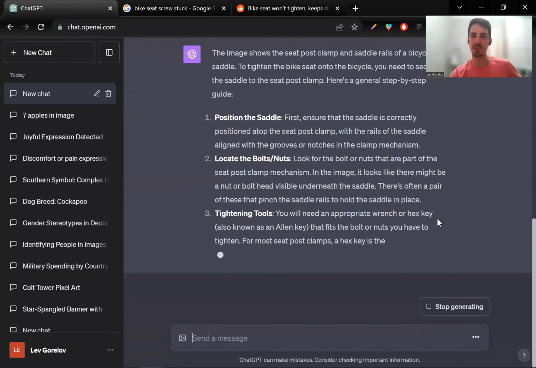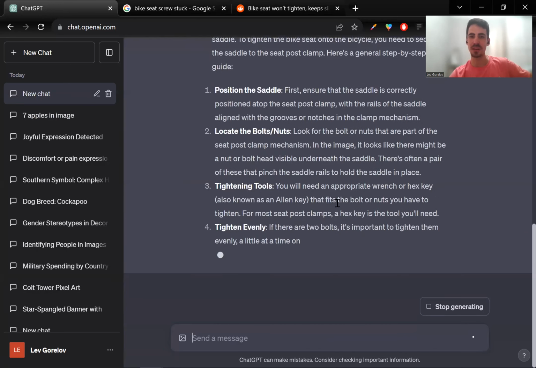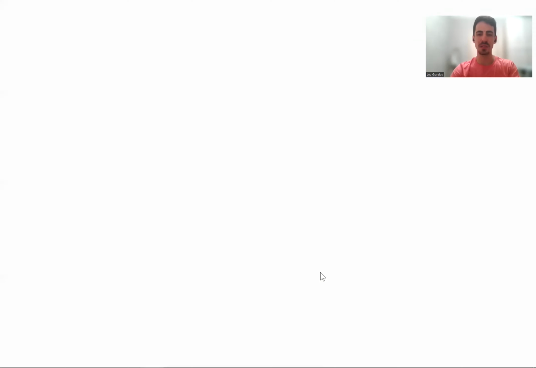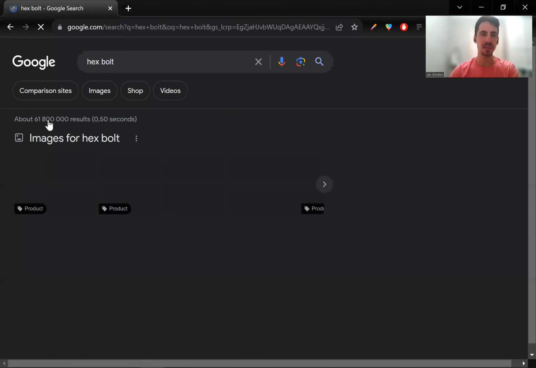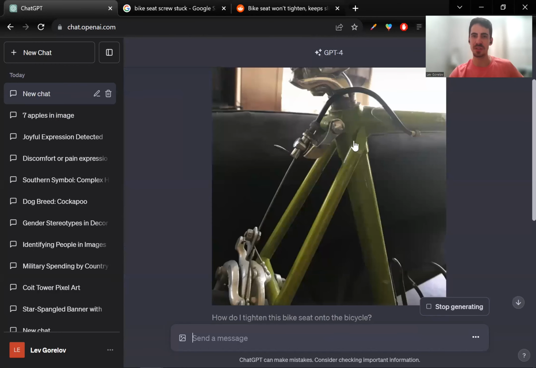Okay, so you need an appropriate wrench or a hex key. I don't think this is a hex bolt. You know, a hex bolt usually has a hole in the middle where you would put the Allen key in, but oh no, is this a hex bolt? Oh, it is a hex bolt. Oh my gosh, it's been too long since I've worked on stuff.